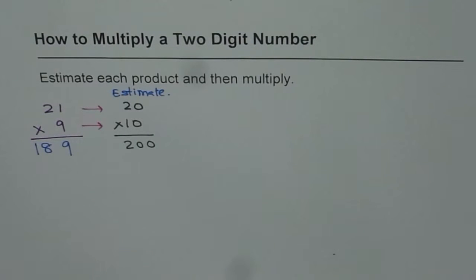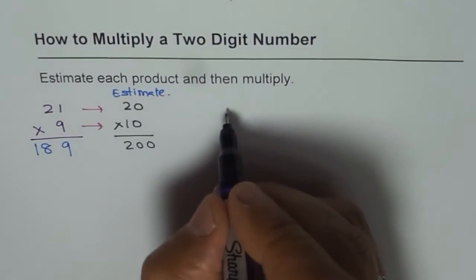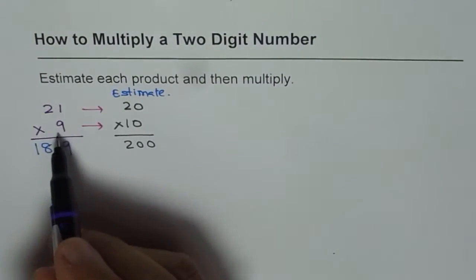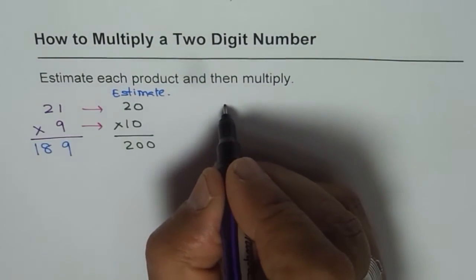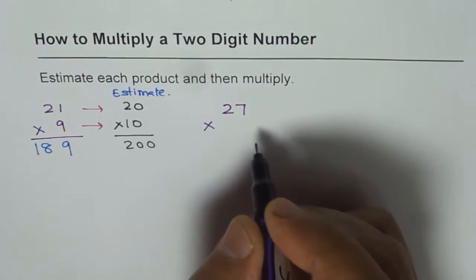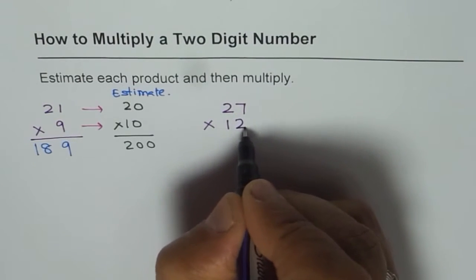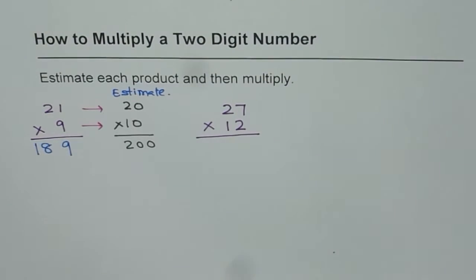Now let's take another example. This time we will do 2 digits by 2 digits. So we'll do 27 times, let us say, 12. So 27 times 12 is what?